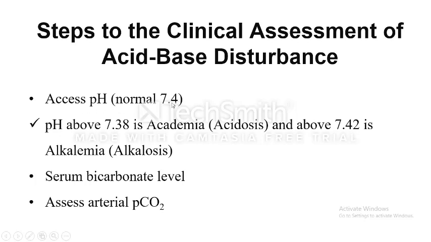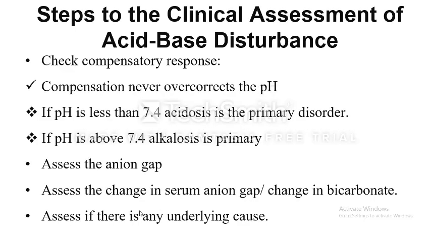If it is not 7.4, then there can be a problem. A pH below 7.38 is acidemia or acidosis. Above 7.4 is alkalemia or alkalosis. Then we check the serum bicarbonate level and assess the arterial carbon dioxide pressure.